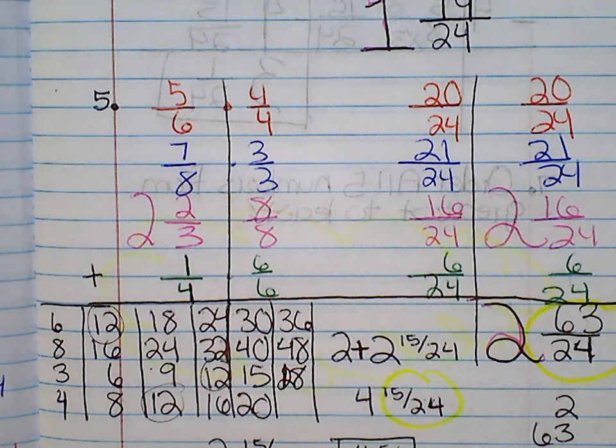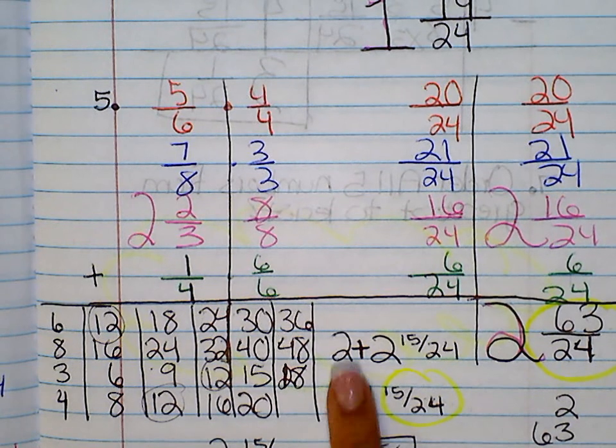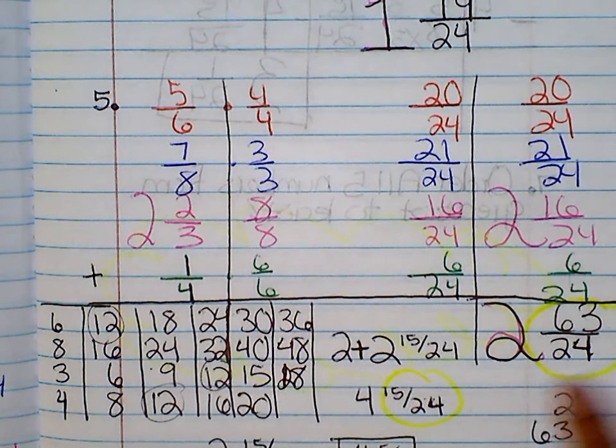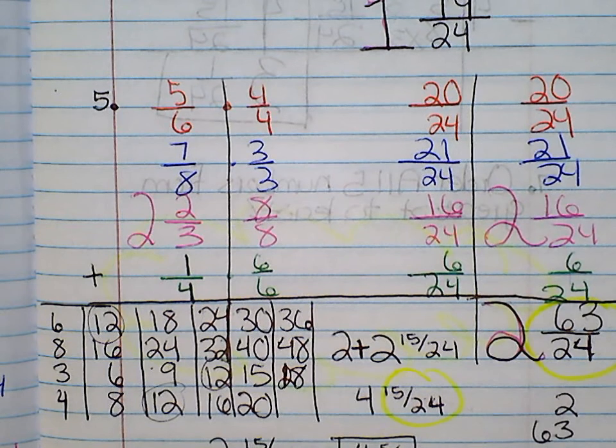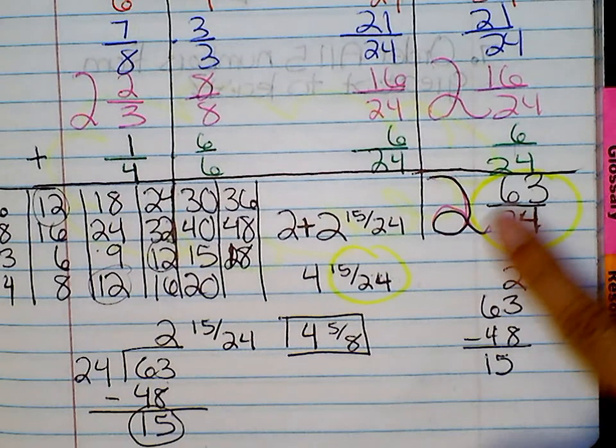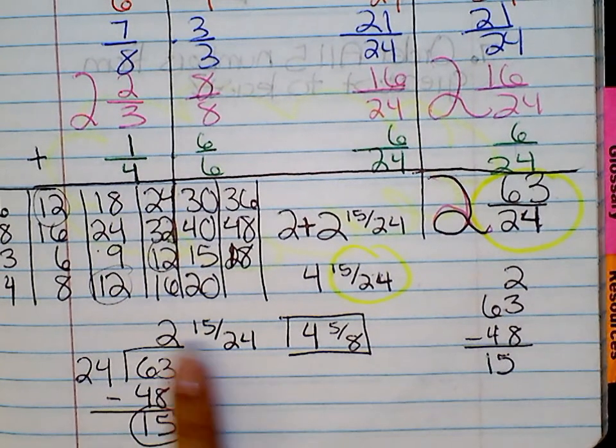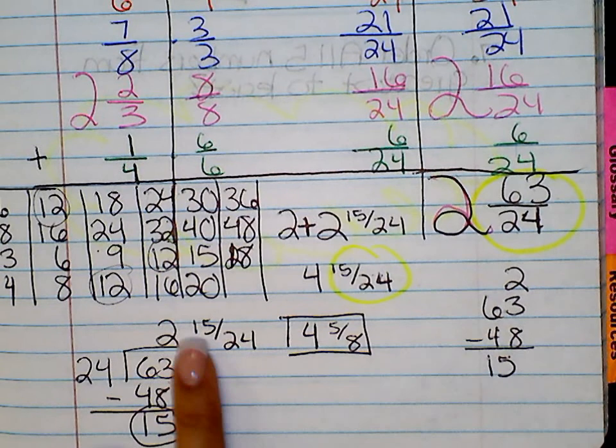So then we add it all up, and then we get 63/24. Is that okay? No. We need to change that, don't we? Yes. So we bring our 2 over. We change this to 2 and 15/24.